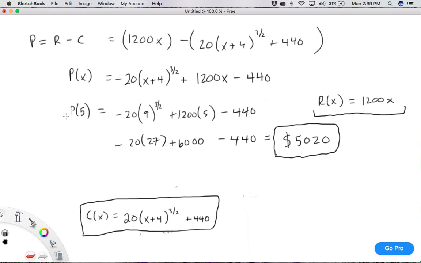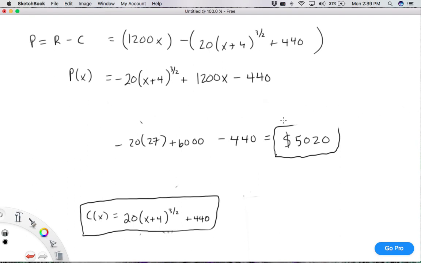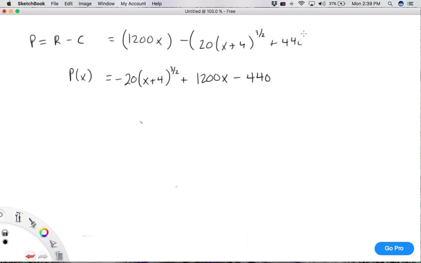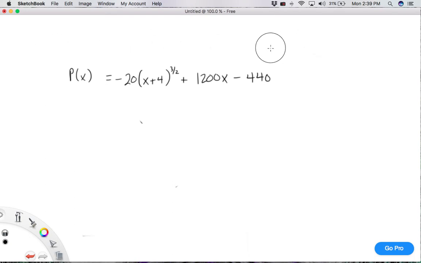Okay, so let's work on that. I'm going to keep the profit function and erase everything else. Okay, so just like last time, wherever the profit is a maximum, the optimum level, that's going to be wherever the derivative is equal to 0. Now I don't exactly know what this profit curve looks like because I don't know what a 3/2 power is going to be.